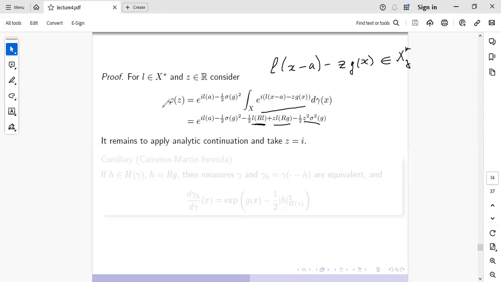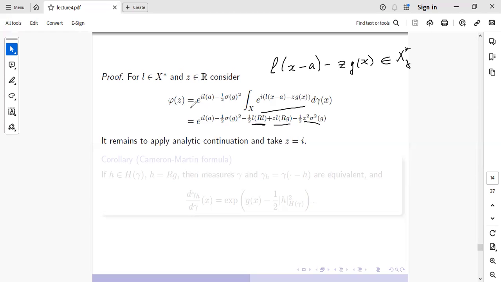Okay, so we computed the function φ. It is easy to check that it can actually be defined for all complex values of z, and it is an analytic function of z. This follows from integrability properties of the Gaussian measure.